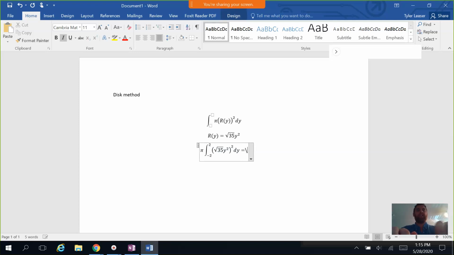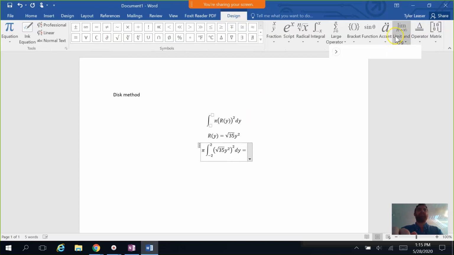Okay, when you square that, then we're going to have the integral. Still have the pi. Still from -2 to 2 of just 35y to the 4th dy. All right, so that's going to have antiderivative of just 7y to the 5th. That we're going to plug in 2 and then minus plugging in -2.